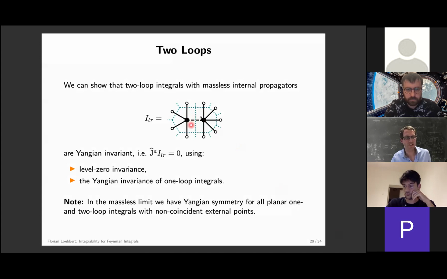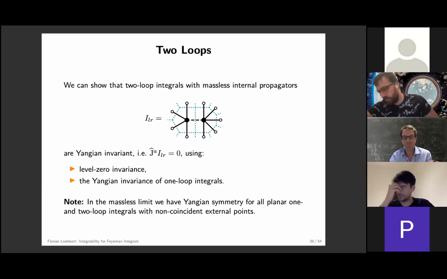So the important thing is that the internal propagator is massless, while the external propagators can be massless or massive, and we can even analytically prove that these have Yangian symmetry using also the symmetry of the one-loop integrals. Here it's no longer the integrand that has this property, but really only the integral. So this shows that it's a more fine-tuned thing than at one loop order, where we really have a more general class of annihilators. And also this extra contribution to the generator is no longer a symmetry at two loops.